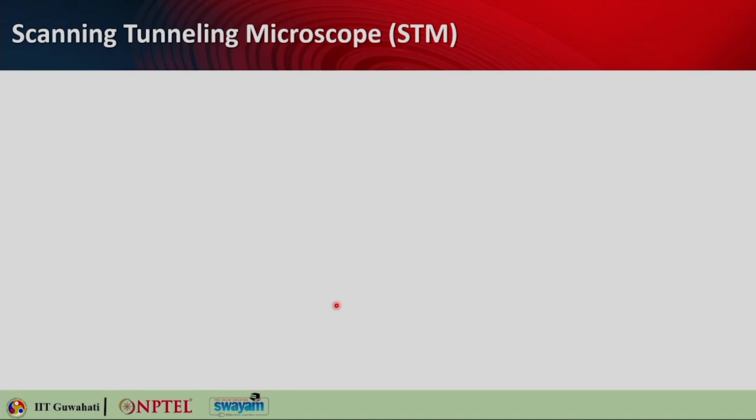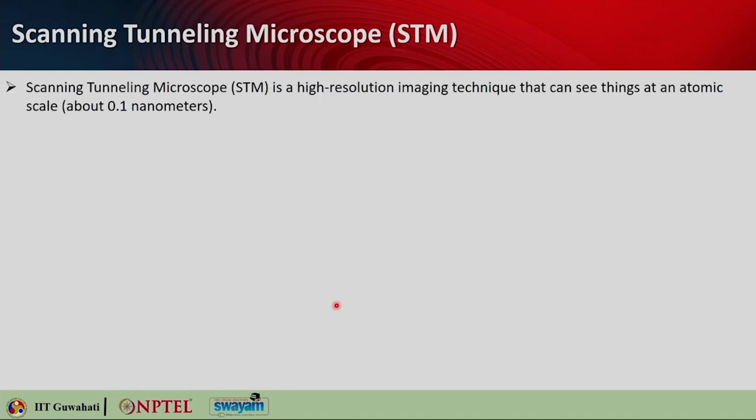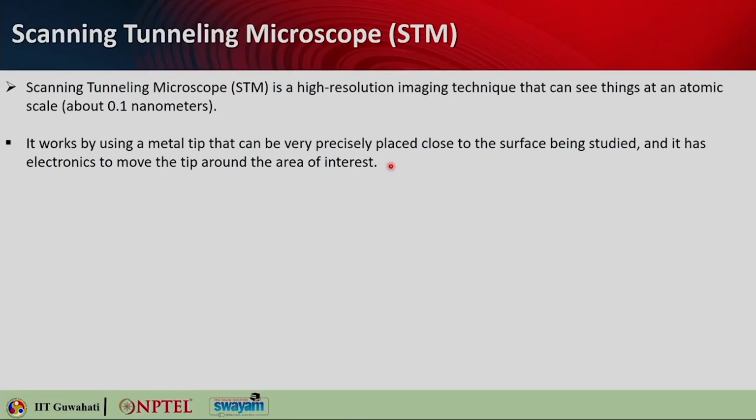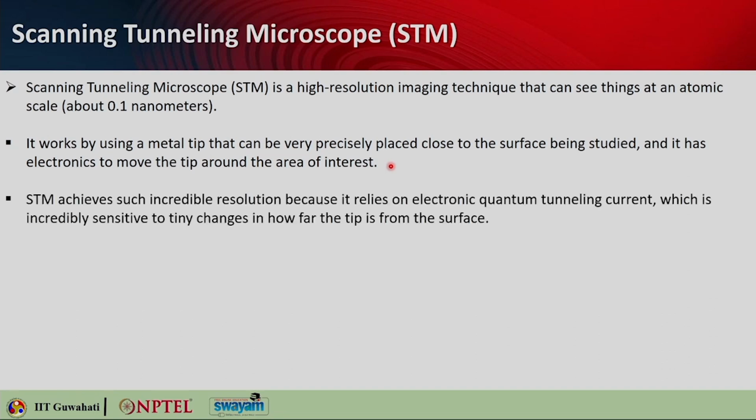So, scanning tunneling microscopy or STM is a high resolution imaging technique that can see things at an atomic scale. So, we are talking about 0.1 nanometer scale. It works by using a metal tip that can be very precisely placed close to the surface which is under study, and it has electronics to move the tip around the area of interest.